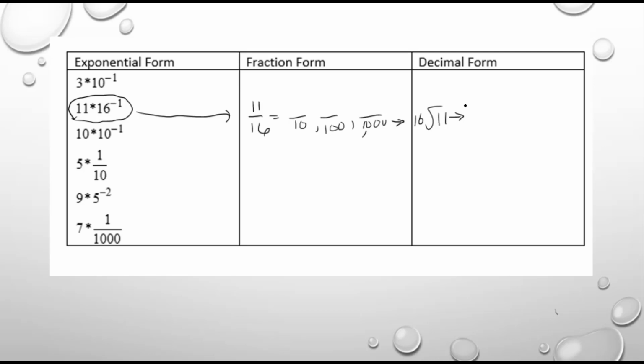And I get 0.6875. I'm certainly not going to give you one like that on a test where you don't have a calculator, right? Just so you can see. So 11/16 is the same as 6/10, 800ths plus 7,000ths plus 5/10,000ths. So that's kind of what you're doing here. You're just converting forms.